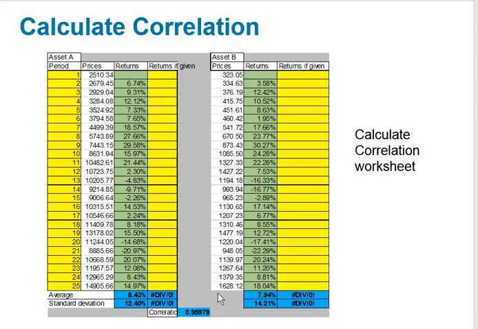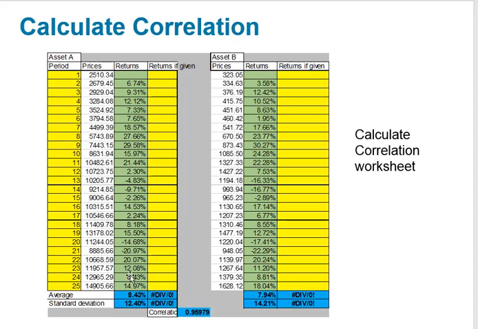There is a spreadsheet that's also available that can help us calculate the correlation between two sets of data. If you look here under prices, these are the prices for two assets. Next to that, we've calculated the rate of return, again with the holding period return formula. It calculates the average returns, the standard deviations, and of course the correlation.